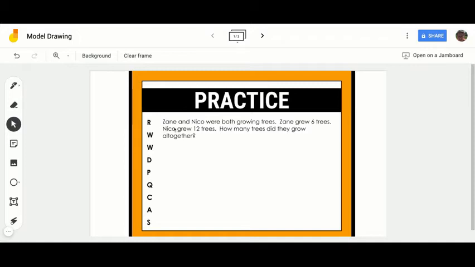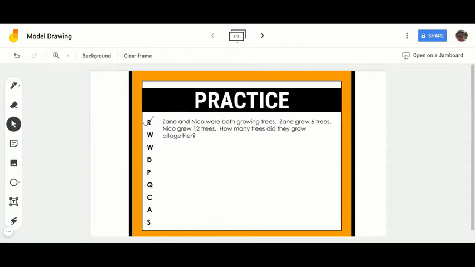Zane and Nico were both growing trees. Zane grew 6 trees. Nico grew 12 trees. How many trees did they grow all together? All right, so we finished that step, so let's check mark it. Now the next step is the first W, and I remember that the first W stands for who.